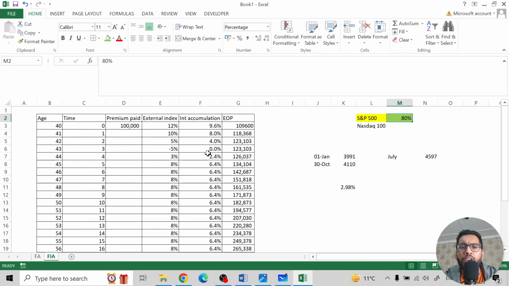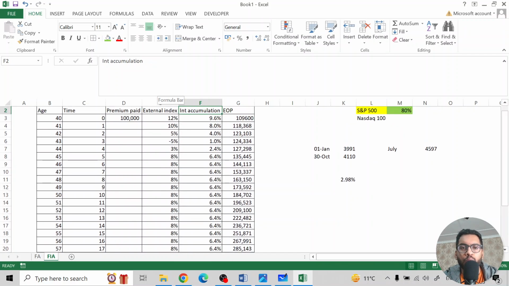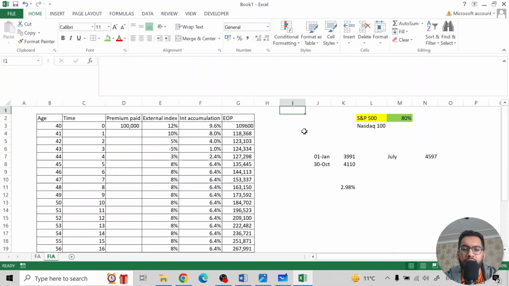So here, we can also say that the minimum guaranteed rate of return that you will achieve will be 0.01, let's say. Which means that even if the return is negative, you are still going to get at least the 1% rate of return which is guaranteed. That is what we are trying to say. Let's say the guaranteed rate of return in this is 1%.